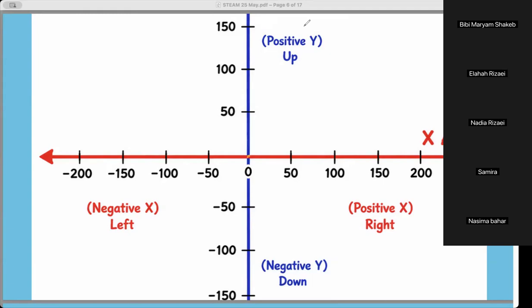Like if I say my sprite's X is 0 and Y is 50, so my X value is 0 and my Y value is 50, the sprite, the character, will be sitting here.